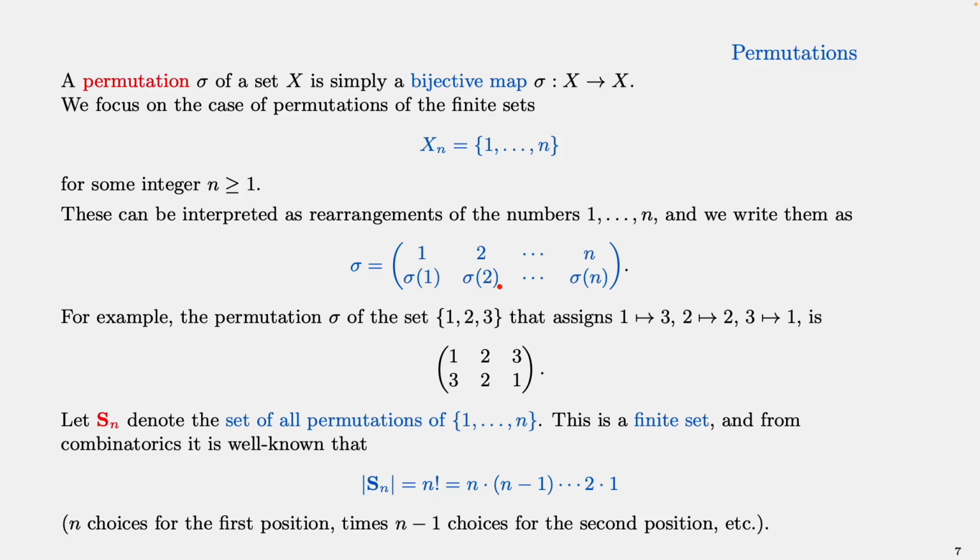After you fix the first 2, you would be left with n minus 2 entries for the third, and so on, down to the last element. So once you've fixed all the images for 1 up to n minus 1, you would only have one element left that you could map n to. And this corresponds to this final factor 1 here. So thinking about it like that, you can easily derive this formula.